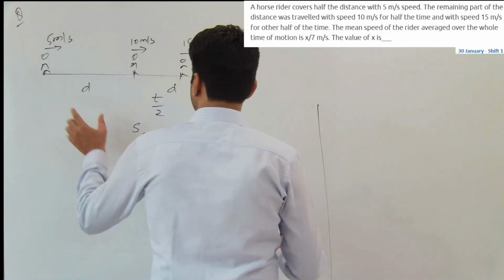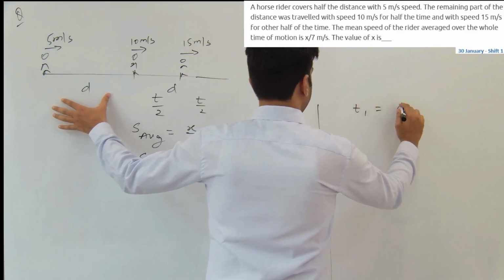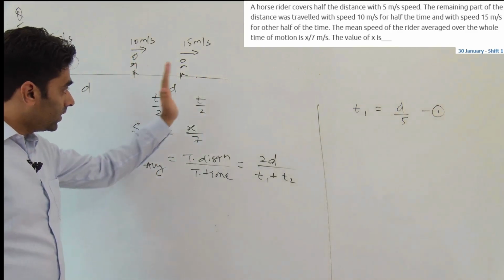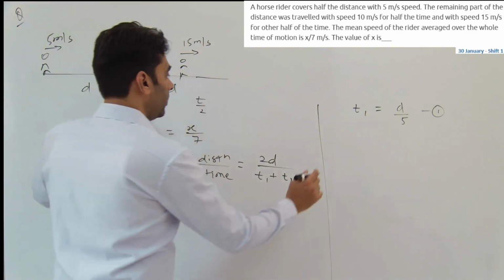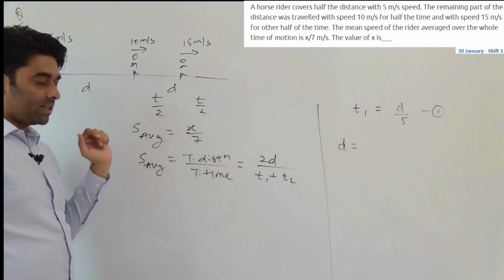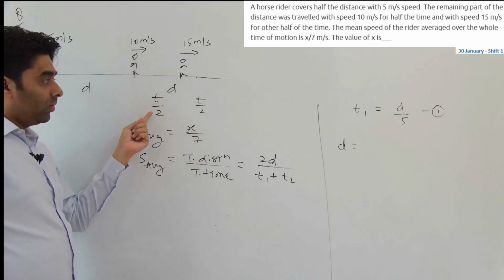So over here, this T1, very simply, directly we can write down. T1 value will be D by 5 first, fine. In this second half, for the second half of the distance, D distance, the time taken is T by 2 and speed is 10.